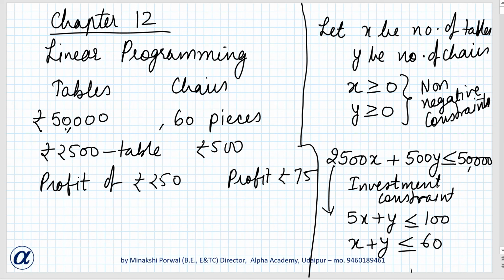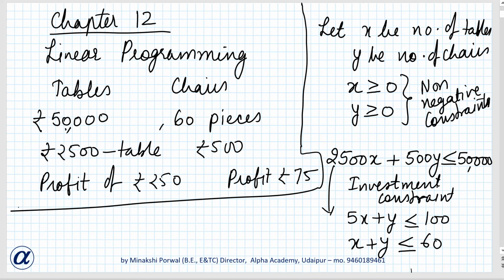Yes, ma'am. Now, as he is doing a business, obviously his objective or main purpose is to make profit, which he has to maximize. So when we make an objective function, that is profit, if I define z as profit, then z will be equal to the profit on a table, 250, times x, the number of tables he buys, plus 75 times y, the number of chairs he buys.